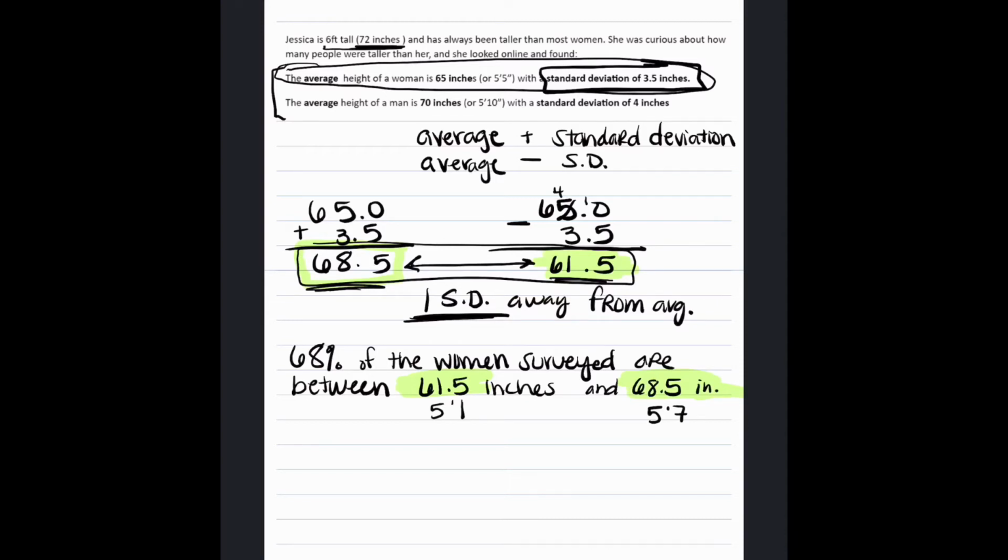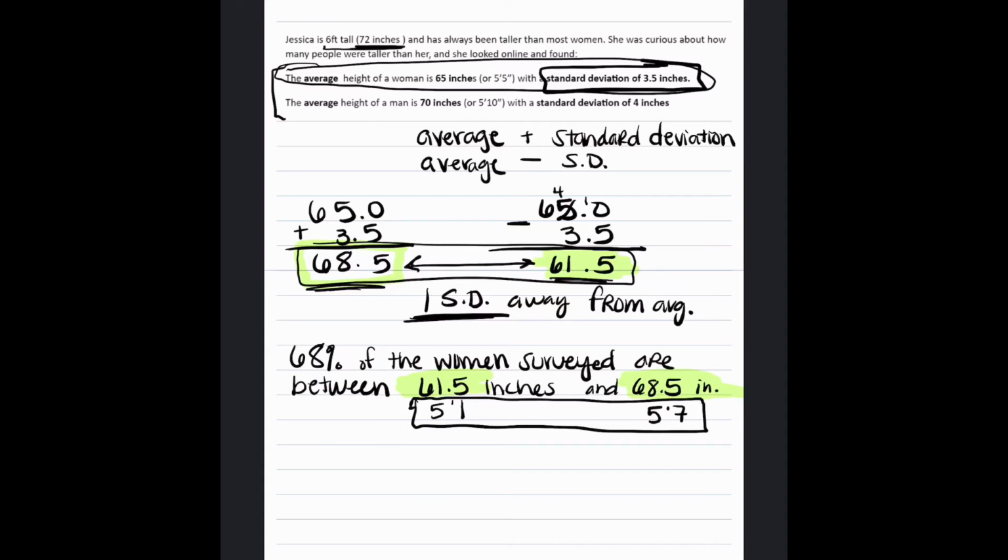So what this means is that 68% of the women surveyed are between 5 feet 1 inch and 5 feet 7 inches, which makes sense because the majority of women that you meet are between 5'1" and 5'7". But of course not everyone is. Some people are shorter, some people are taller.